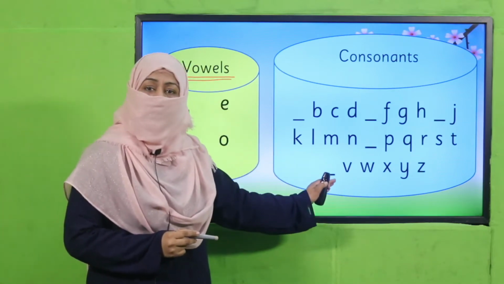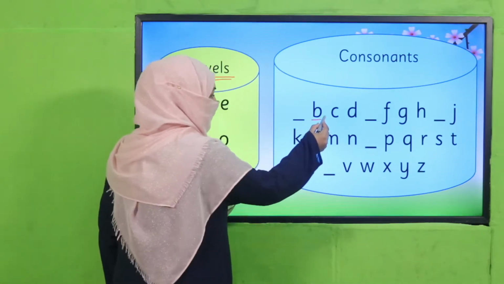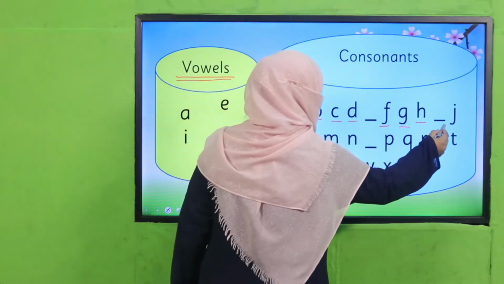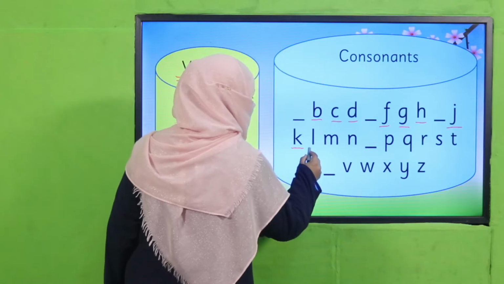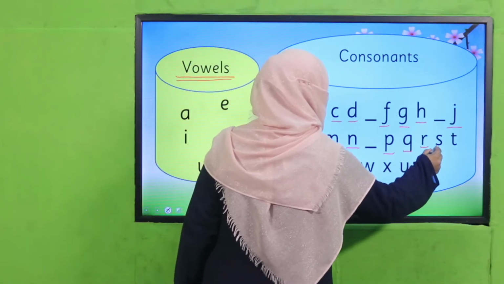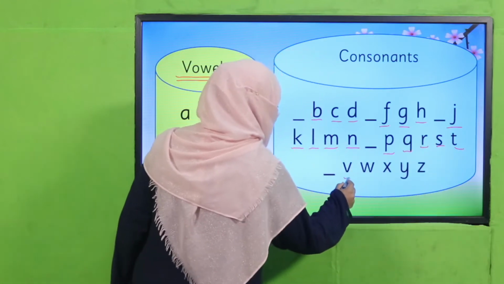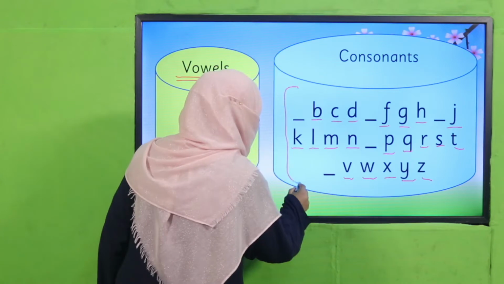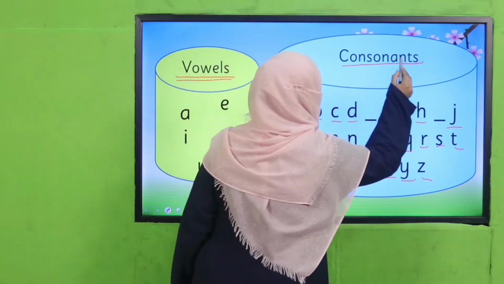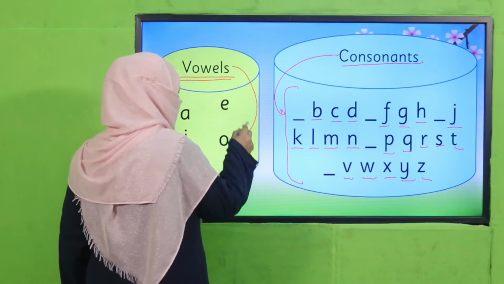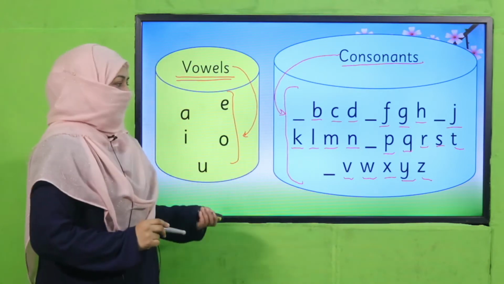And the rest of the 21 letters, B, C, D, F, G, H, J, K, L, M, N, P, Q, R, S, T, V, W, X, Y, Z, altogether these are consonants. So these are consonants and these are vowels, right?